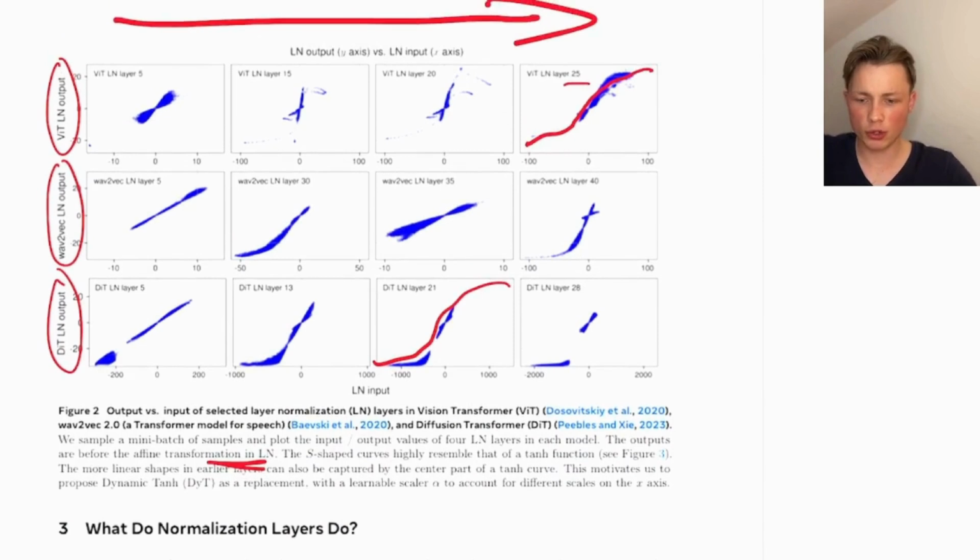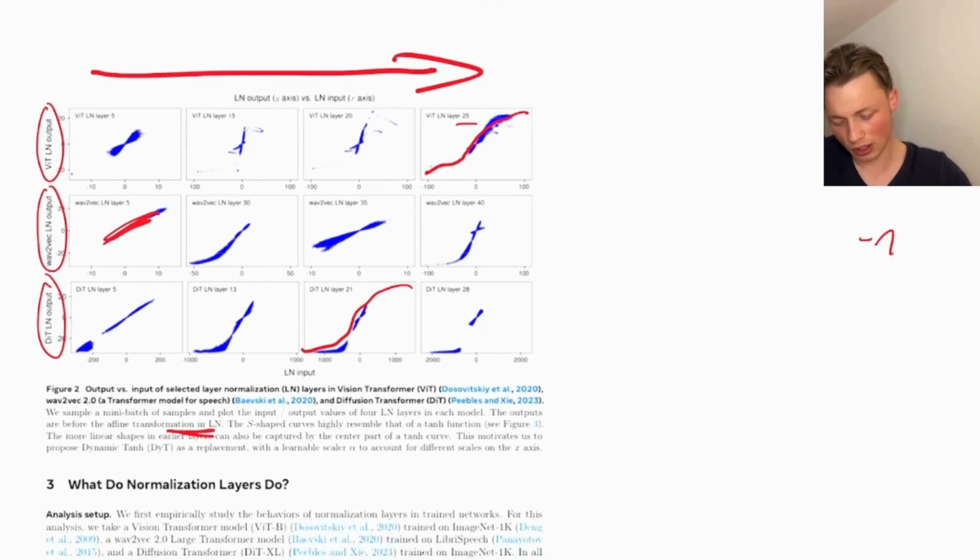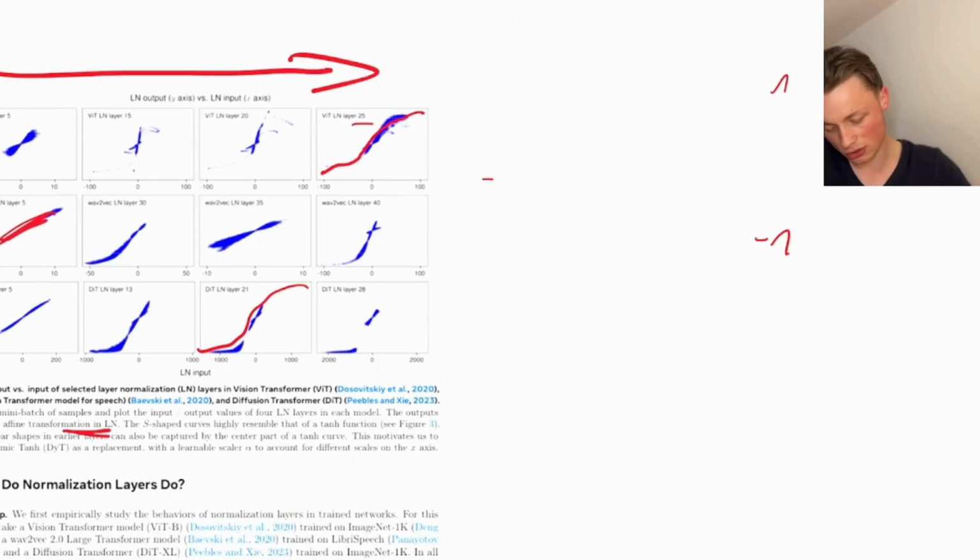The S-shaped curves highly resemble that of a tanh function. The more linear shapes in the earlier layers can also be captured by the center part of a tanh-like curve. So what are they saying? They say that we have a linear function, and we also have a linear function in the tanh function.